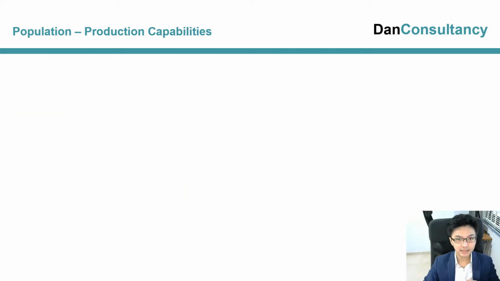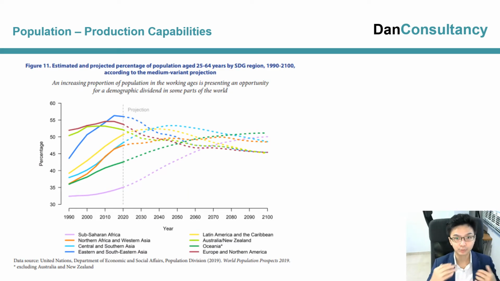Having said that, let's take a look at the projections of the proportion of working population in the different parts of the world to draw inferences on the production capabilities of the given areas. From the chart above, it is evident that the proportion of working population in areas such as Africa and Asia is set to grow, while the proportion of working population in areas like Europe, North America, Australia, and New Zealand are set to shrink.